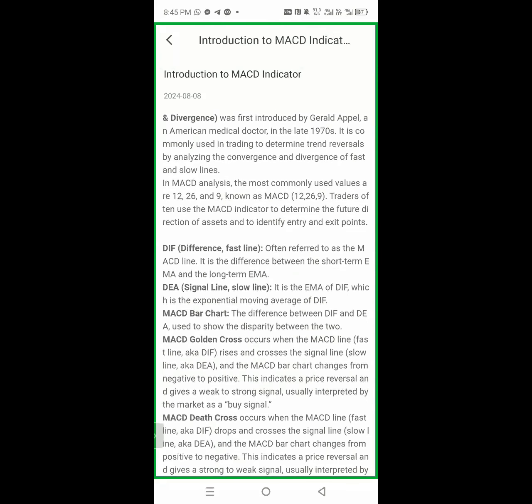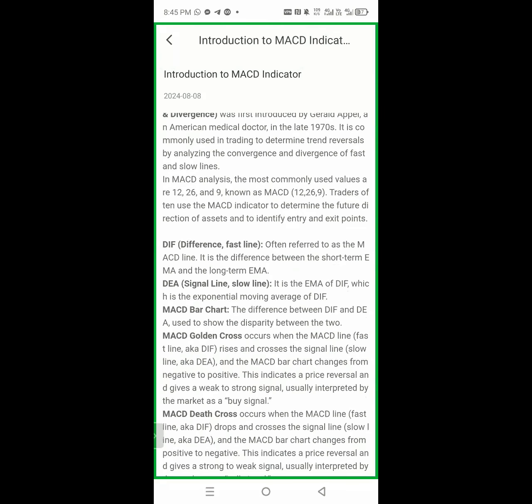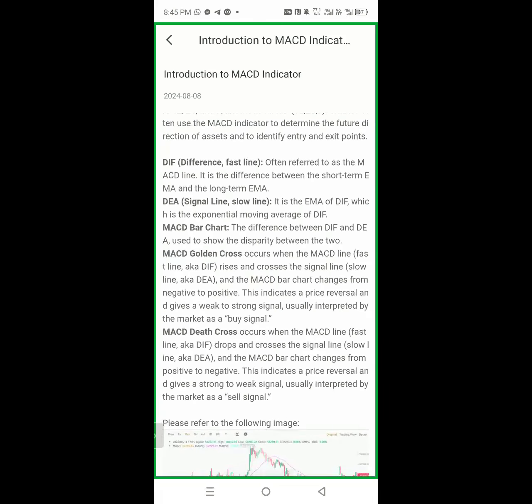Okay? So we have the DIF, the first line. When I open the chart, we are going to look at the DIF, the DEA, the MACD golden cross, and the MACD dead cross. So the DIF, which means the difference, the first line, is often referred to as the MACD line.